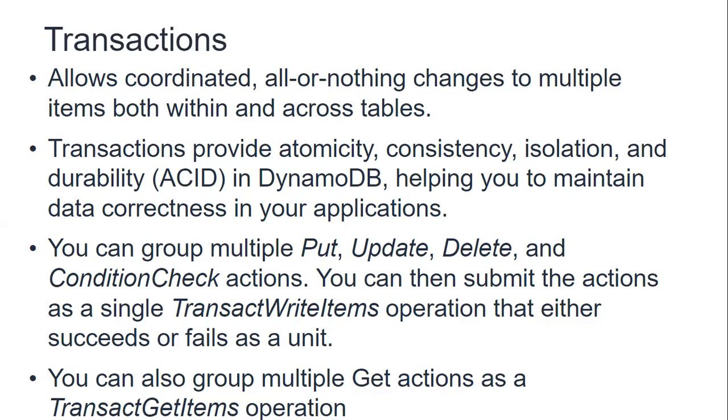You usually do this in a relational database, but DynamoDB also supports this feature, which was traditionally available in relational databases. So you need more capacity units to do transaction-related operations, whether it's read or write.